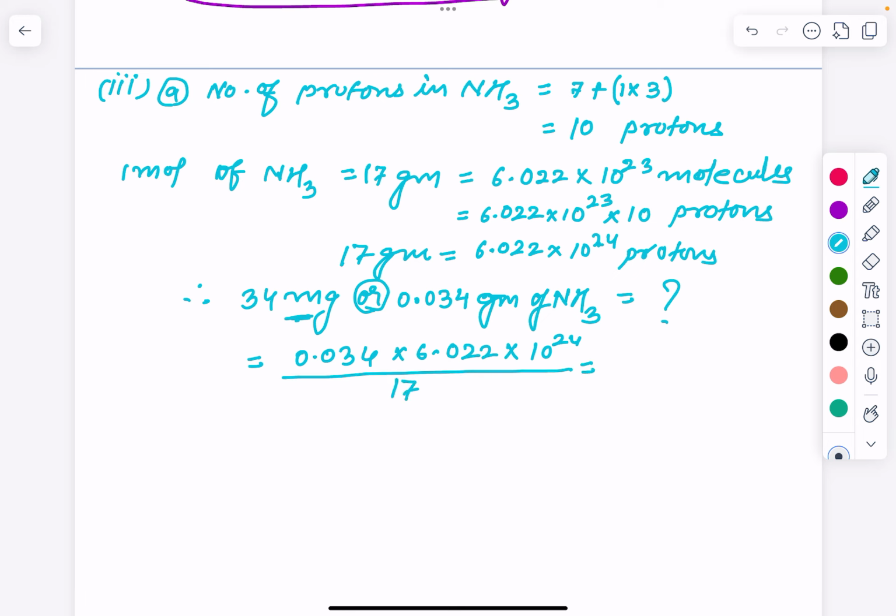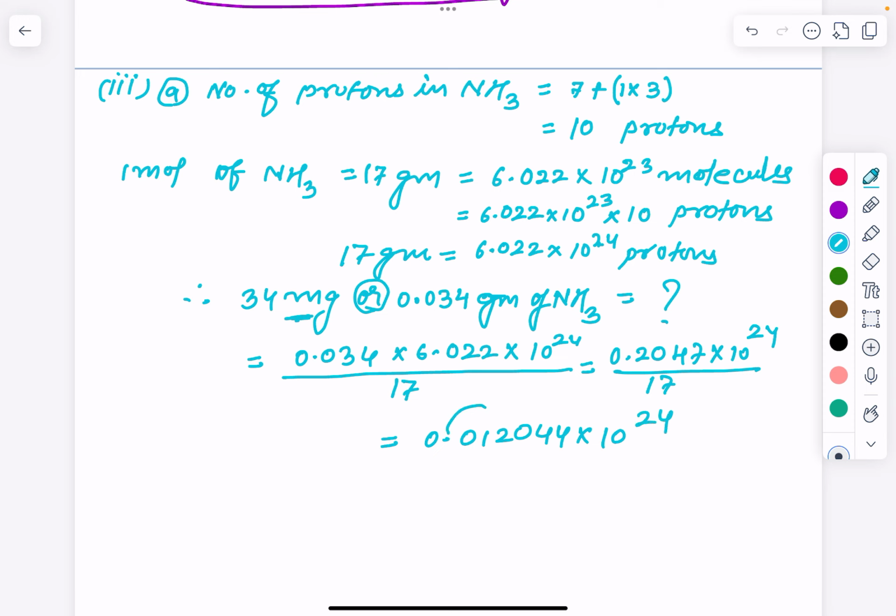On multiplying 0.034 and 6.022 you get 0.2047 into 10 to the power of 24. Then you divide it by 17. So here you will get 0.012044 into 10 to the power of 24.